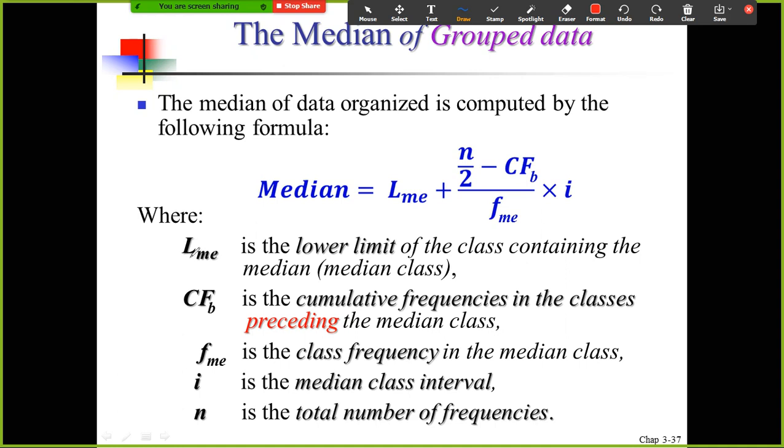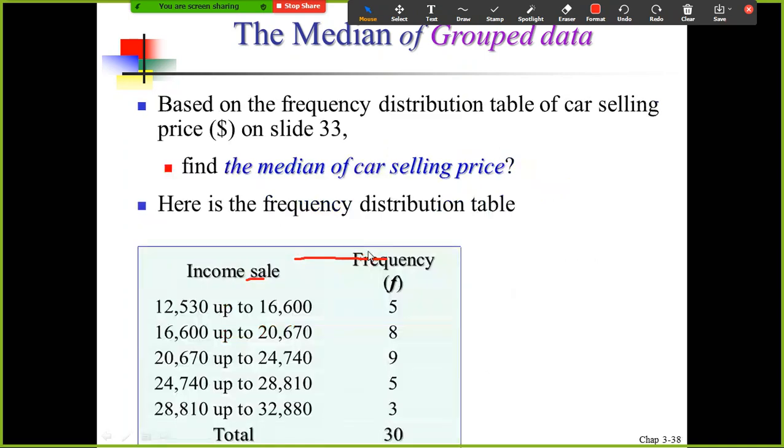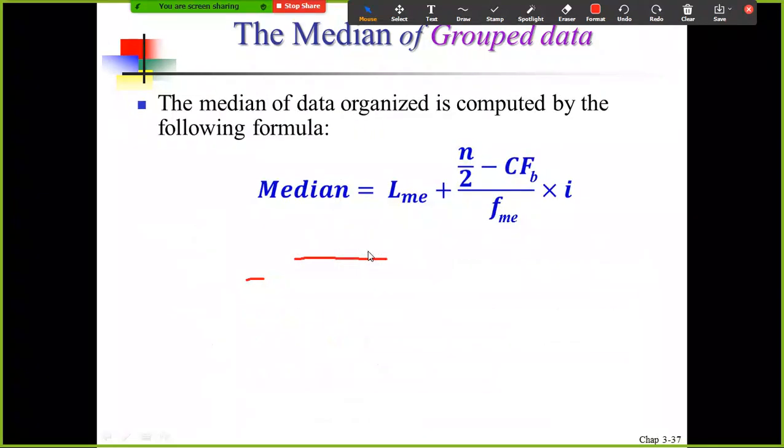What is LME? L stands for low limit. Me stands for median. That's why I put LME, low limit of median class. How to find the median class?